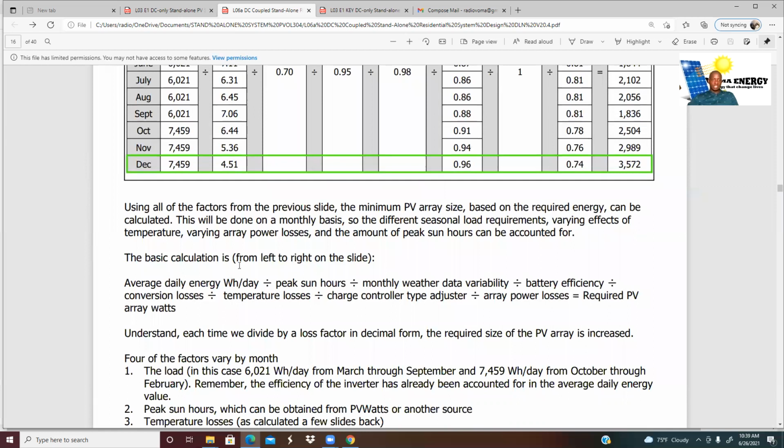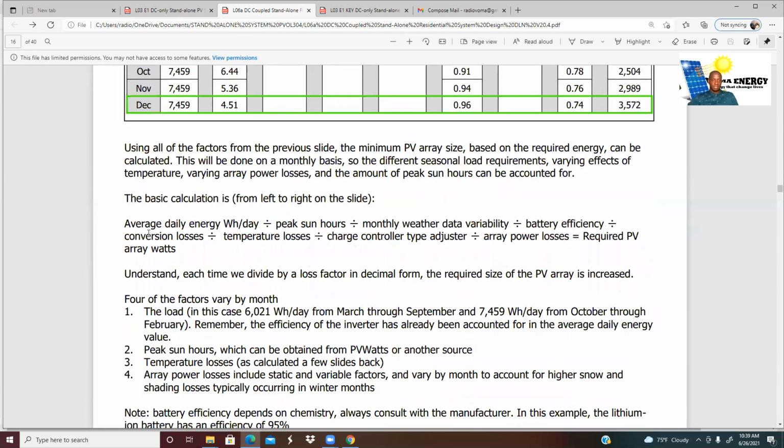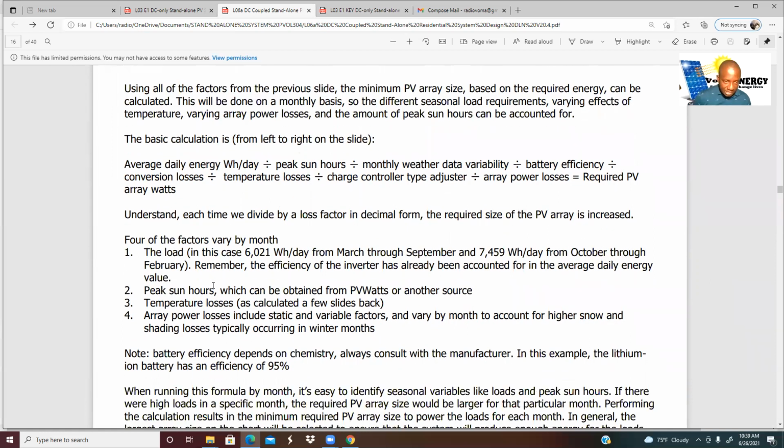The basic calculation is from left to right: average daily energy in watt hours per day, divided by peak sun hour, divided by monthly weather data variability, divided by battery efficiency, conversion losses, temperature losses. Understand that each time we divide by a loss factor in decimal form, the required size of the PV array is increased.